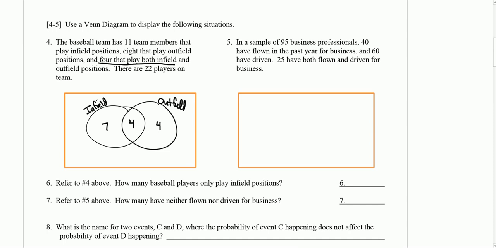And so now we've accounted for 7 plus 4 plus 4, which is 15. But there are 22 players, so the rest of the players don't play infield or outfield. So that'd be 22 minus 15, which is 7.